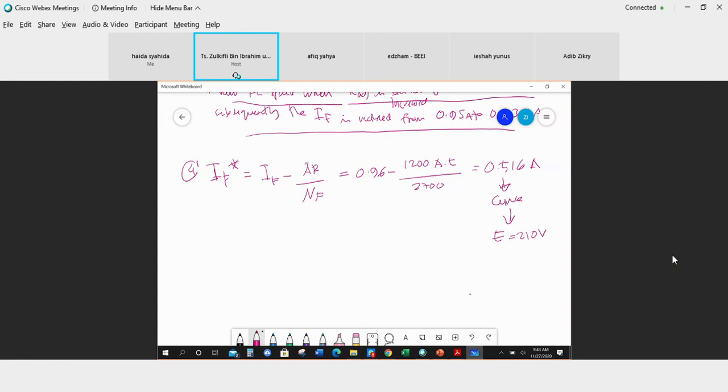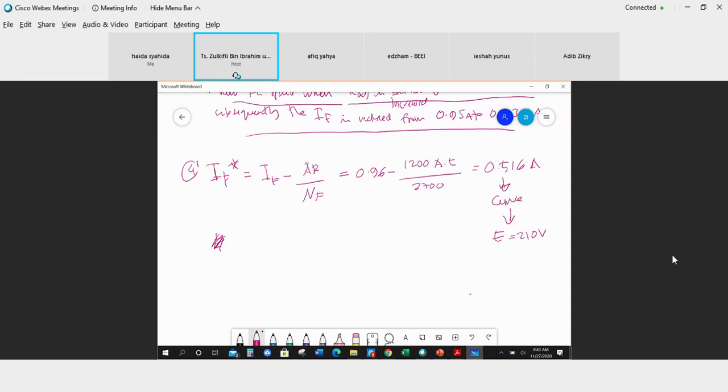Okay, so we apply this formula, so you get your speed.